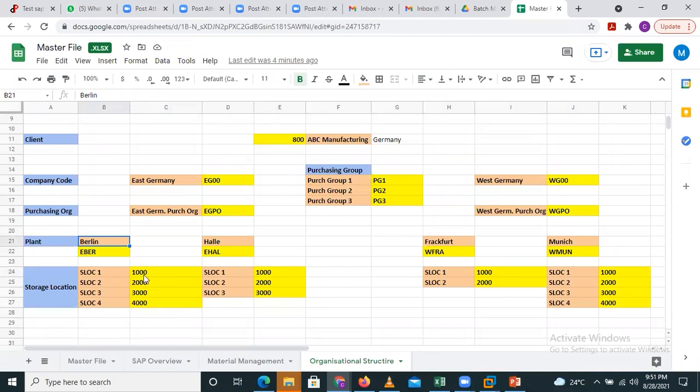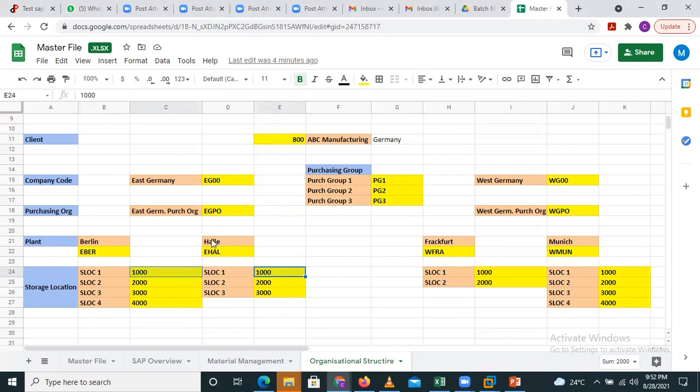So under this plant, we are going to create storage location 1000, and under these plants, we are going to create storage location 1000. So there are 1000 storage locations, but with two different plants.